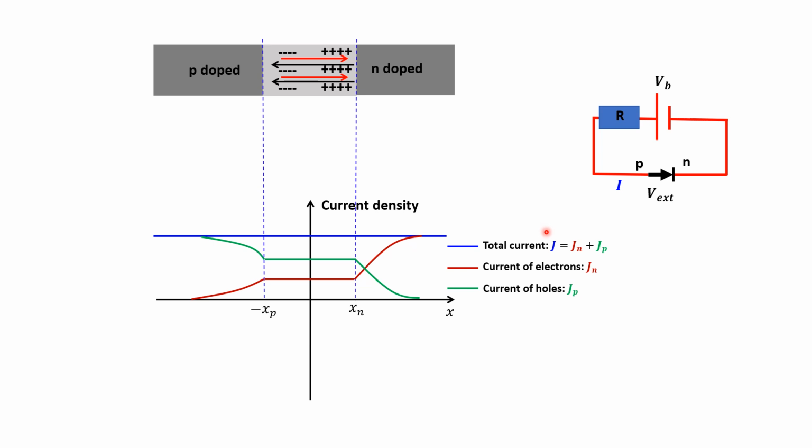So we're going to be discussing the current density, the total current density, the current density of electrons, the current density of holes. And then when we find a relationship between the current density and the voltage, we can just multiply it by the cross-sectional area to get the total current, the current itself.